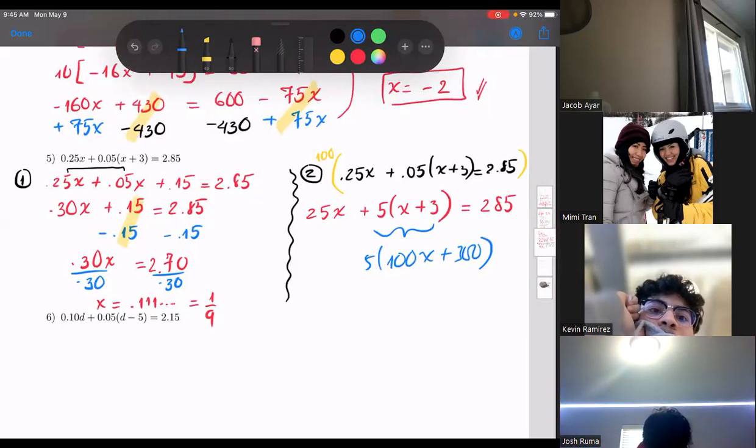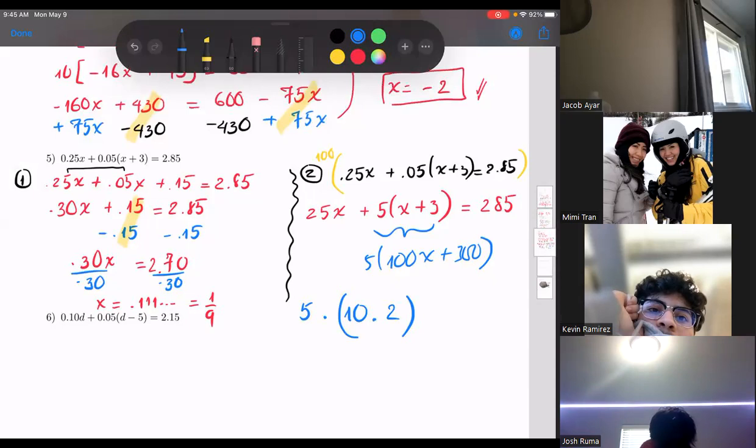Let me ask you something. If I have 5 times 10 times 2, do you multiply the 5 into the 10 and then multiply the 5 into the 2? No, right? Multiply the 5 one time, that's it. It's not distribution.